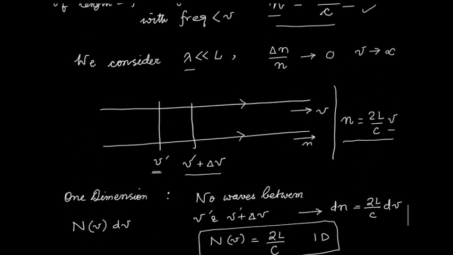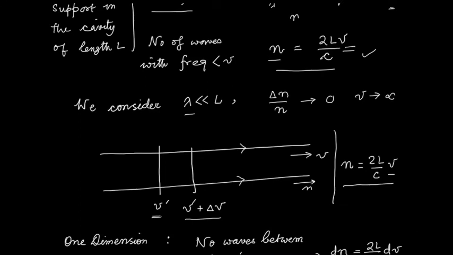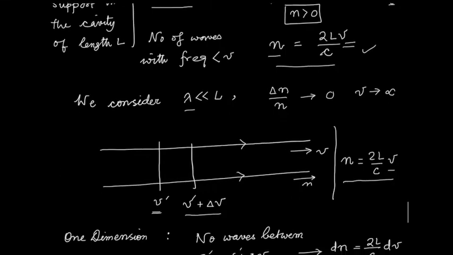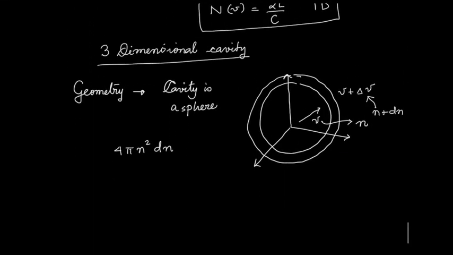But you see, there is a catch here. This n is always greater than 0. I cannot say that there are -3 modes fitting in the cavity, or -3 waves fitting in the cavity. That is a meaningless statement. So here, if I consider this as my xyz axis, all my nx, ny, nz, if I consider a complete sphere, can go both positive and negative.